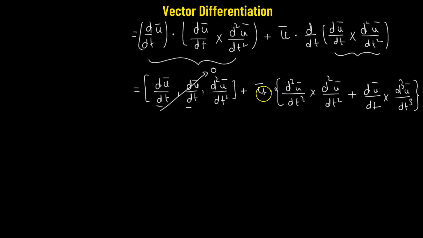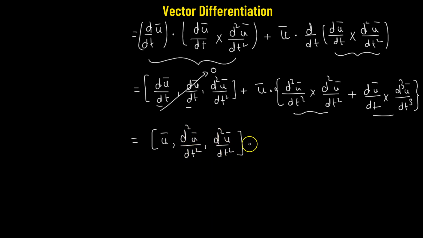We will distribute u vector with each of the two terms using the dot product. Here we use the definition. So we have u dotted with the second derivative of u with respect to t, comma, the second derivative of u with respect to t, plus u vector dotted with du over dt crossed with the third derivative of u with respect to t.